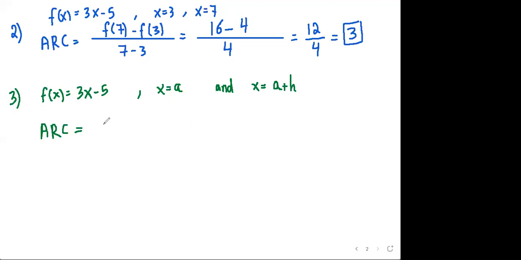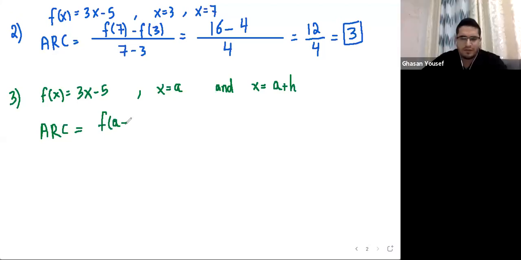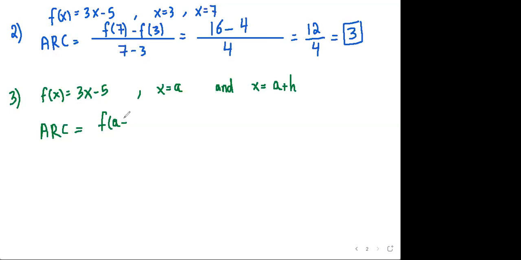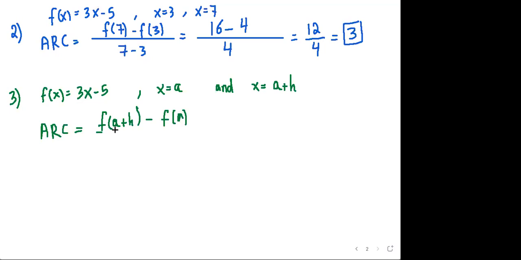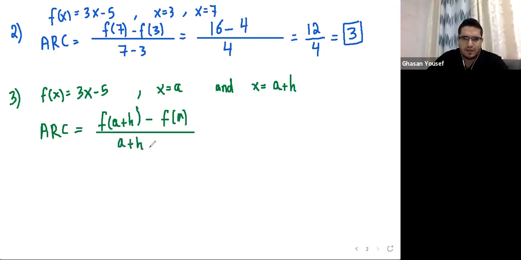Go ahead. So it's f of a plus h, minus f of a, over a plus h minus a.